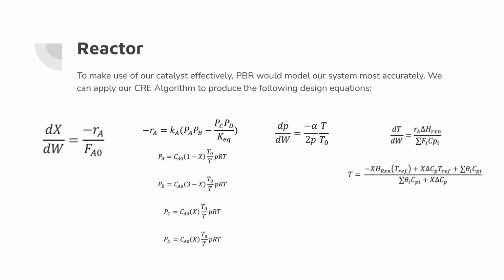You can see those for each species, A, B, C, and D. For a pressure drop term, we have alpha over 2P times T over T0, where alpha is reliant on the specifications and measurements of the packed bed. And to relate our temperature with catalyst weight, we have an energy balance on the packed bed reactor with r_A, which is the rate, times the heat of reaction over the sum of F_i Cp_i. And we have an equation to explicitly calculate temperature based on conversion.